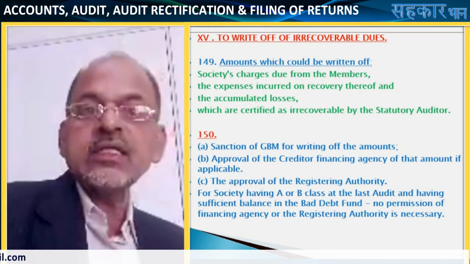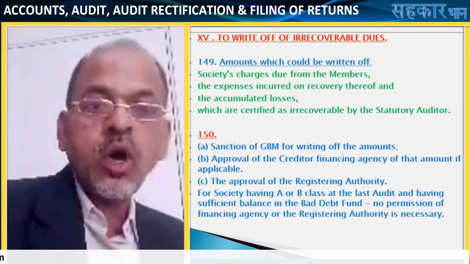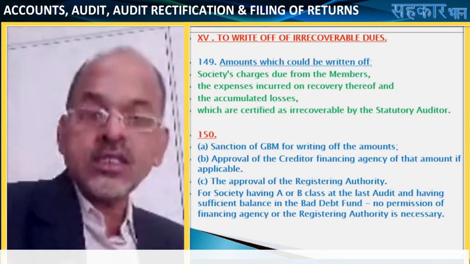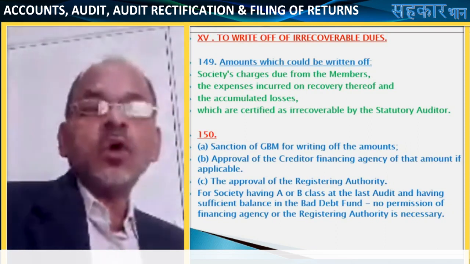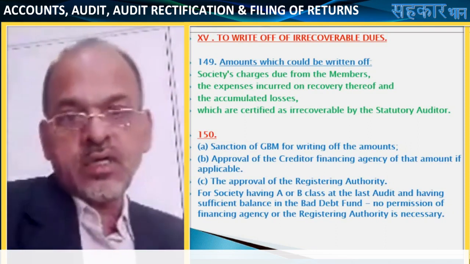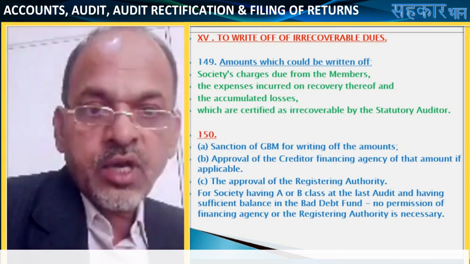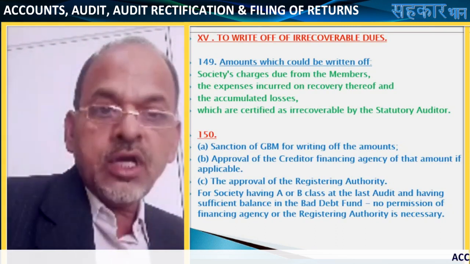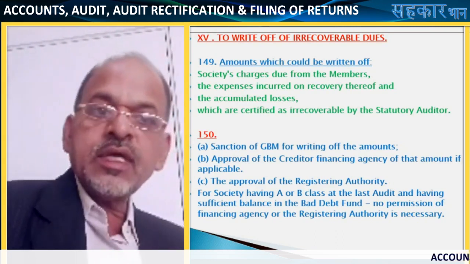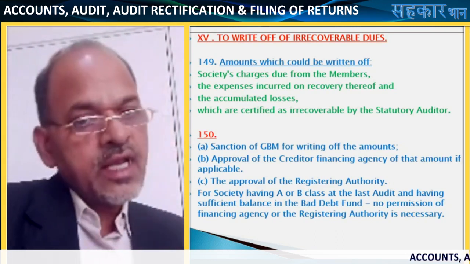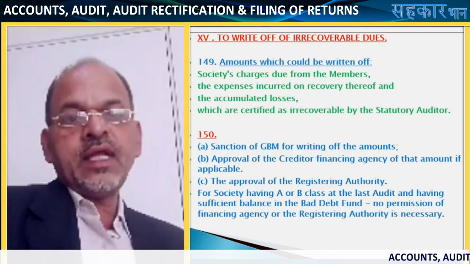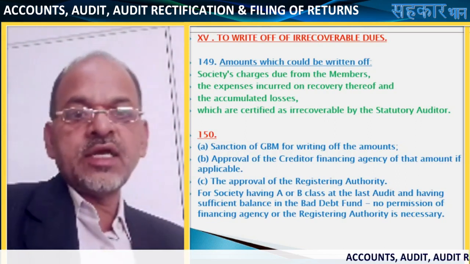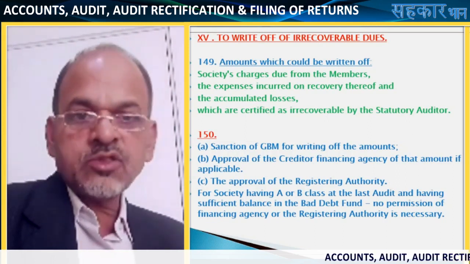Then there is no need to obtain permission of the financing agency or the registering authority to write off these irrecoverable dues. These societies can merely, by passing a resolution in an annual general body meeting, write off these irrecoverable dues as certified by the statutory auditor.